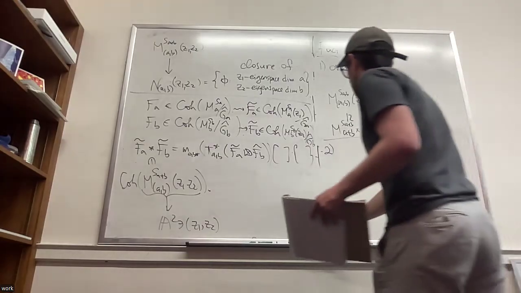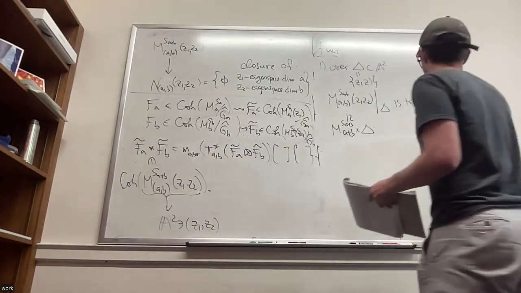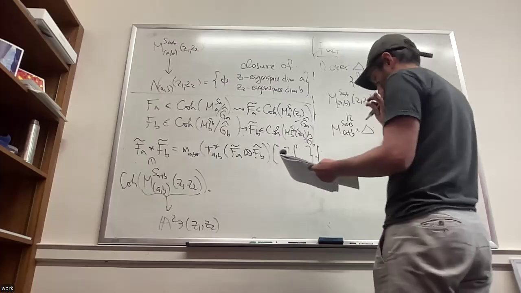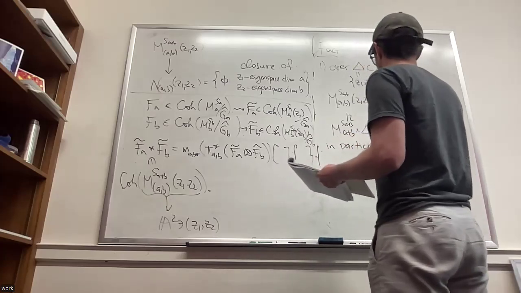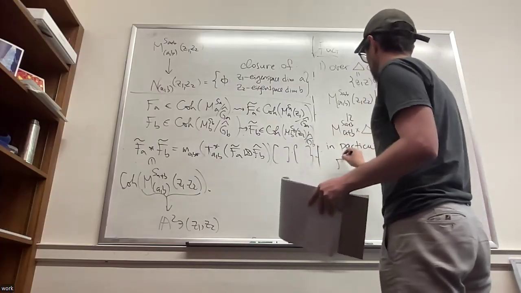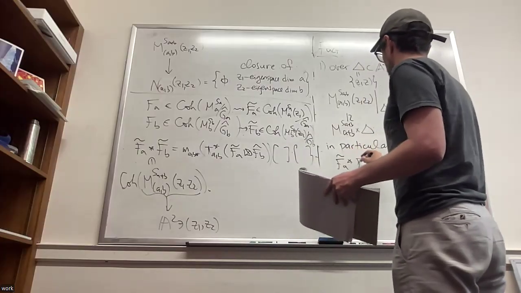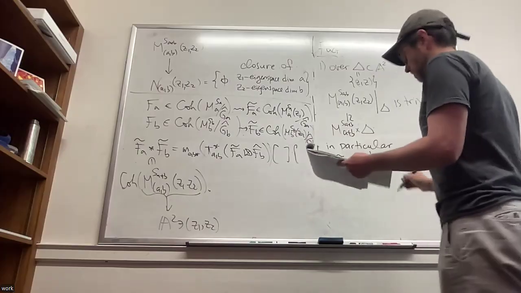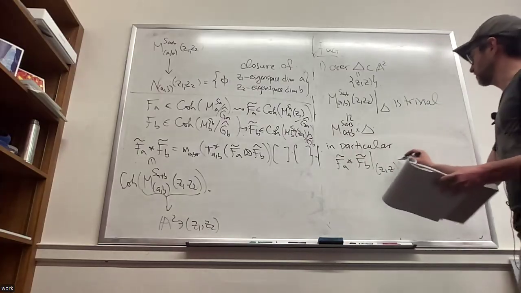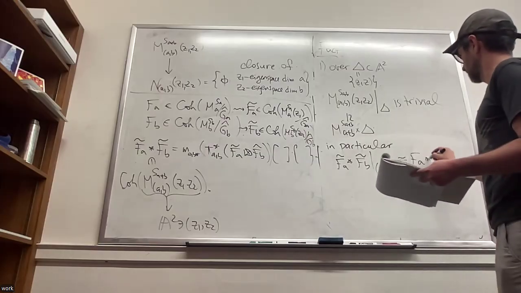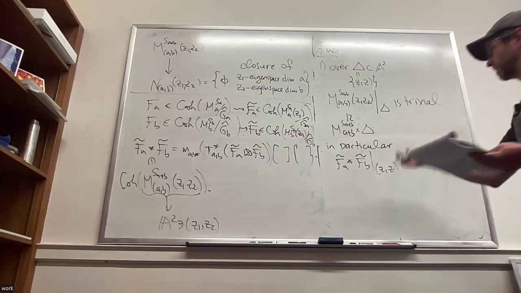In particular, let me write it like this. If you look at the product and you restrict to, say, a point on the diagonal Z, Z, then you just get the original product. The space is the original space.